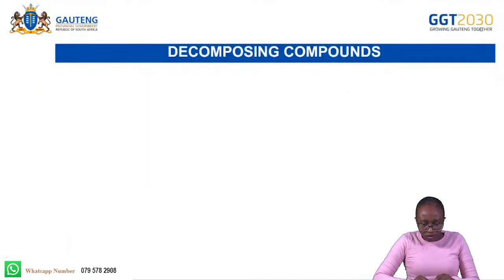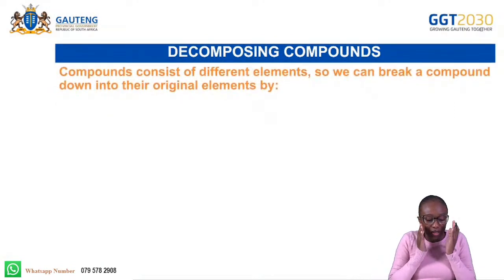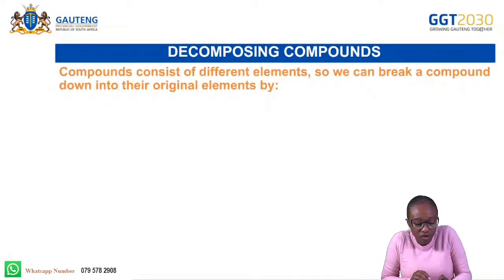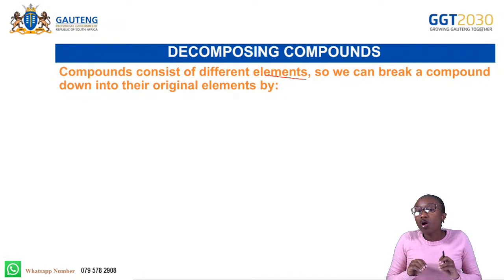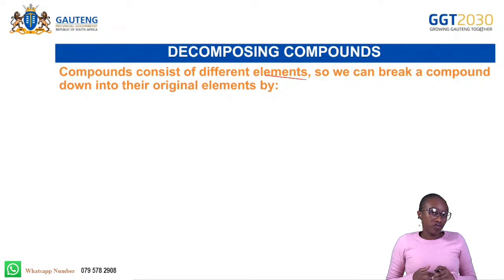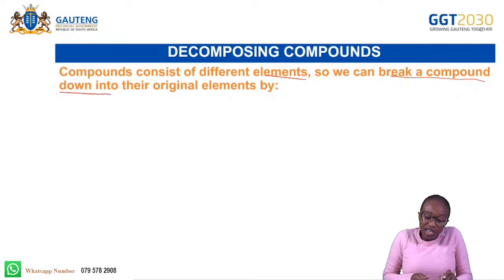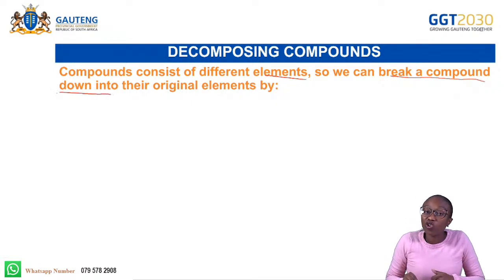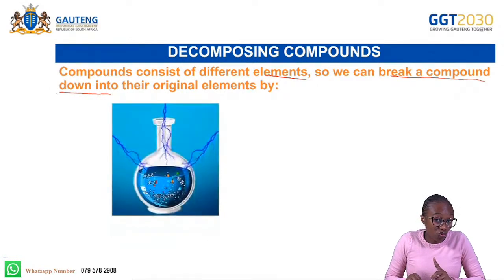Now let's move on to decomposing compounds. Compounds consist of different elements, as we have established. Because they are made up of different elements, it also means we can break a compound down into its original elements by these two methods.